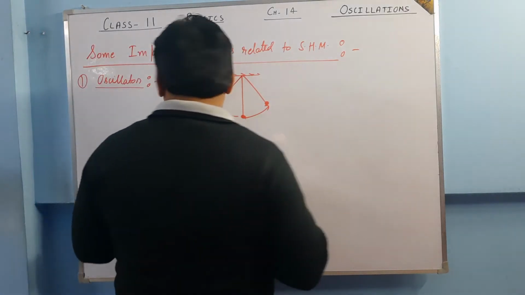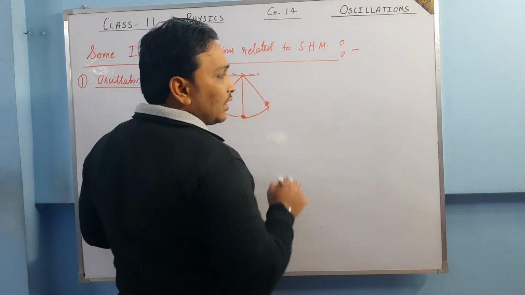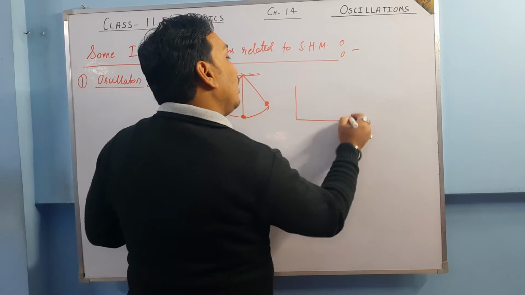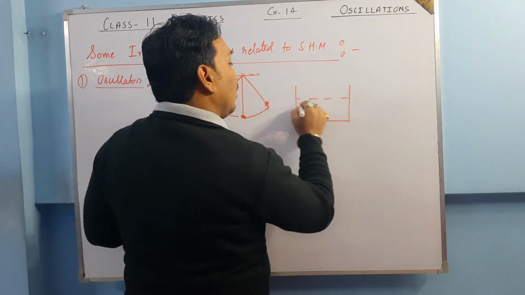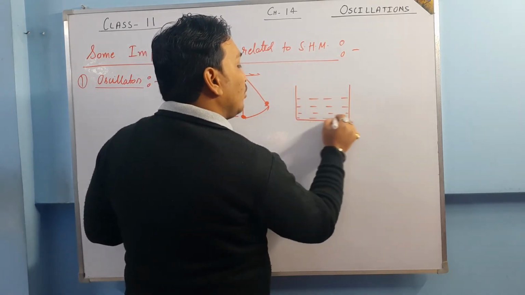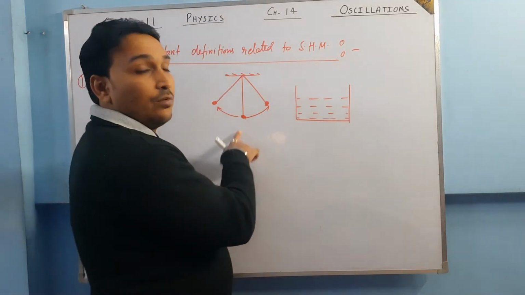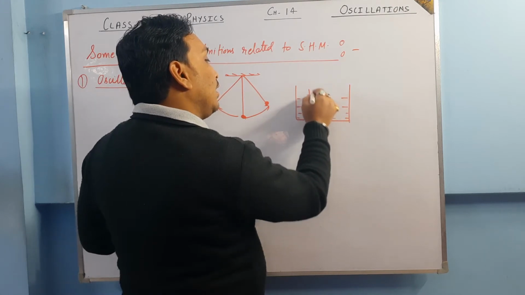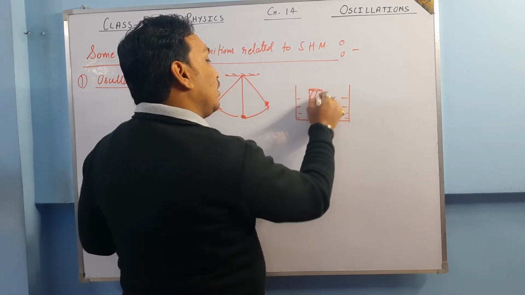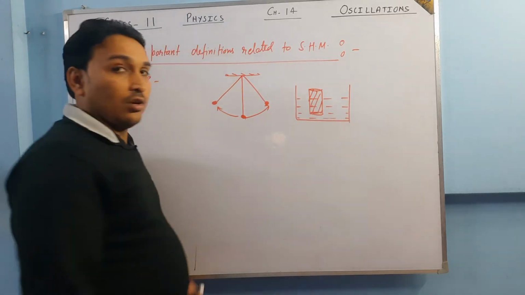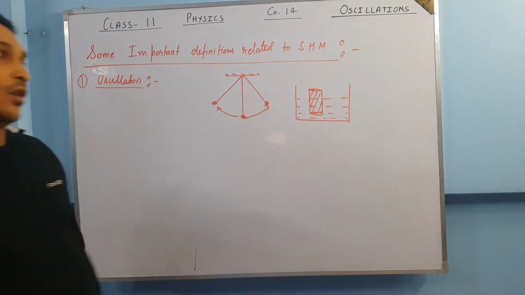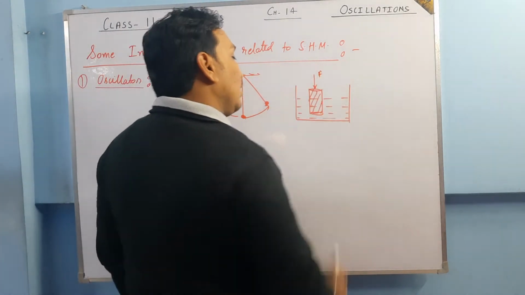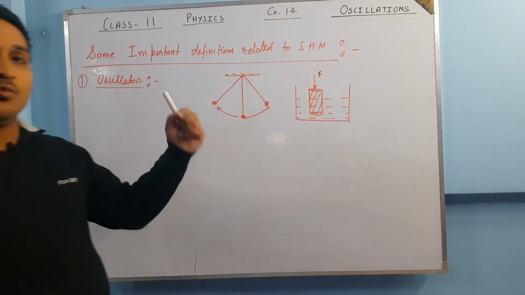One more example you can take. All these examples we are going to do afterwards will prove that this motion is SHM. Suppose a cylindrical object is floating in water. It is in equilibrium. Now we simply press it by a force F and then release, removing our force.